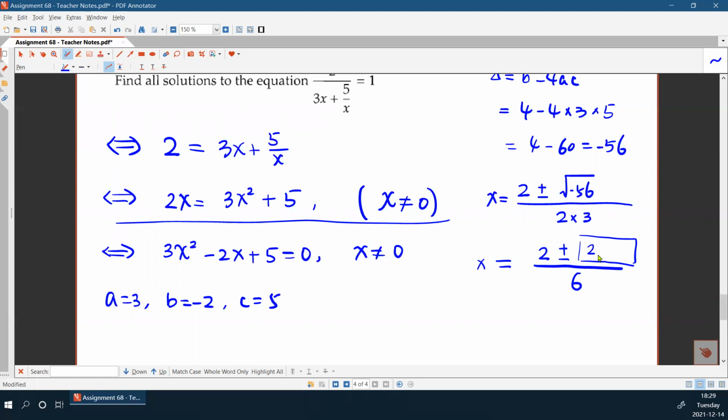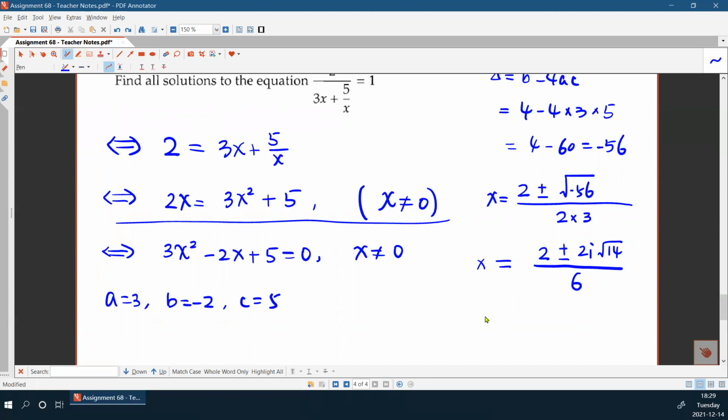So 2 times 14 times i, right? Am I correct? Okay, so usually we don't write it like this. We put 2i in front of the square root symbol. This is a common way we write a complex number. Okay, can you follow me?